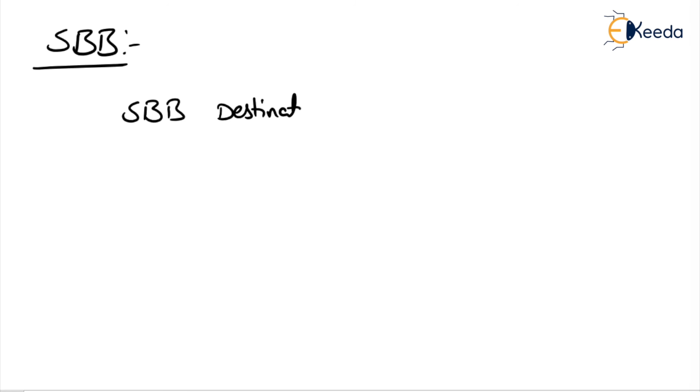Now coming to the next instruction. The next instruction is SBB. SBB means subtract with borrow. Remember. The syntax is the same: destination, source.